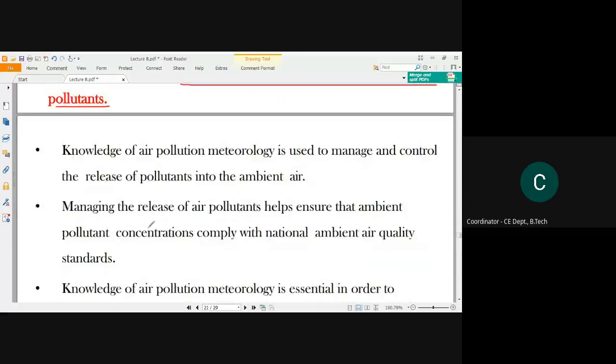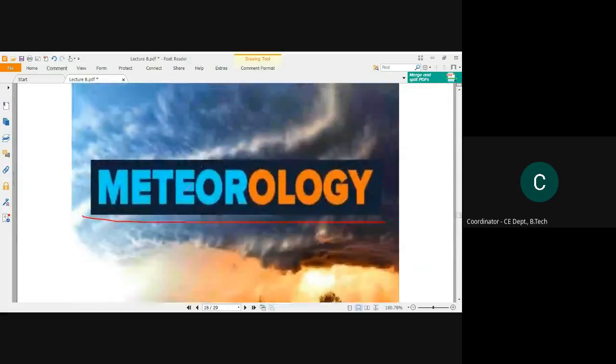Okay, so the knowledge of air pollution meteorology is used to manage and control the release of pollutants into the ambient air.